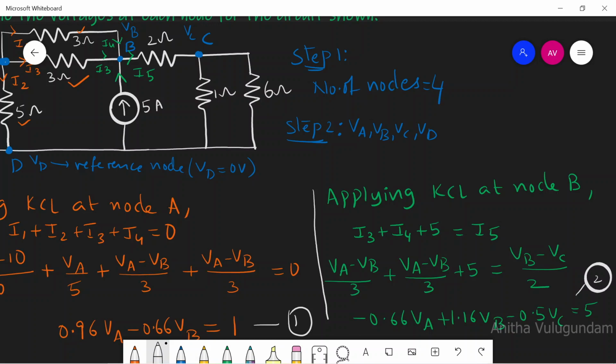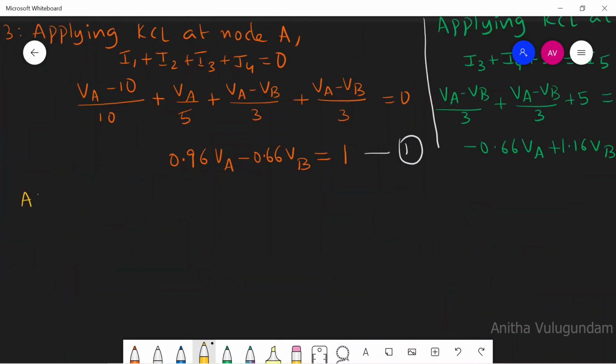Now I apply KCL at node C. This is I5, let this be I6, and let this be I7. Applying KCL at node C, I5 equal to I6 plus I7.